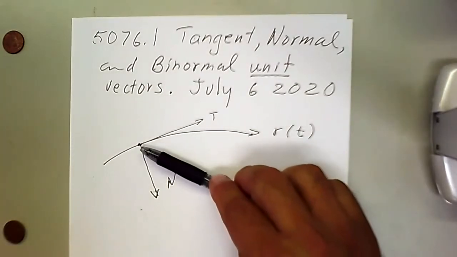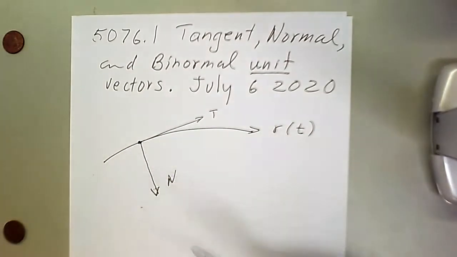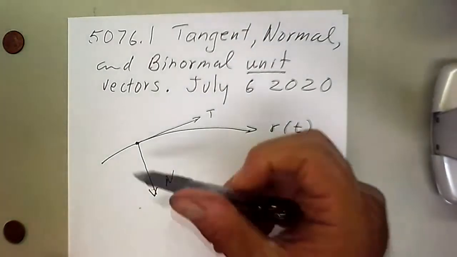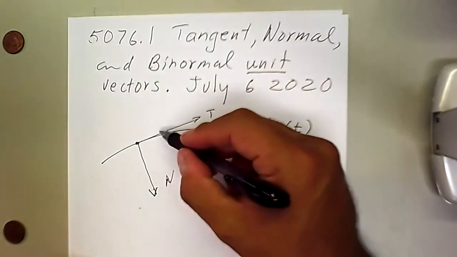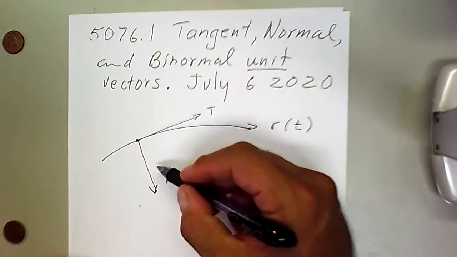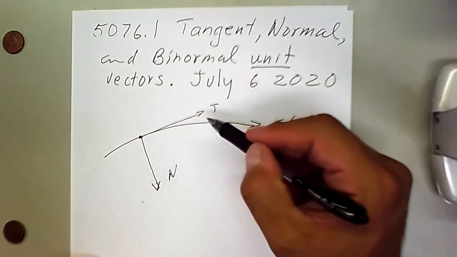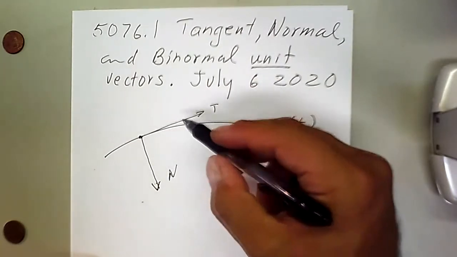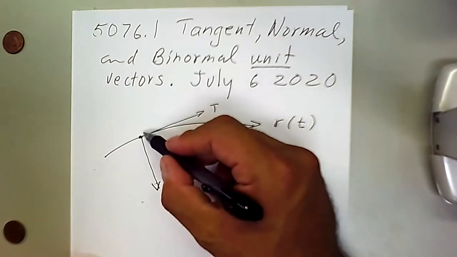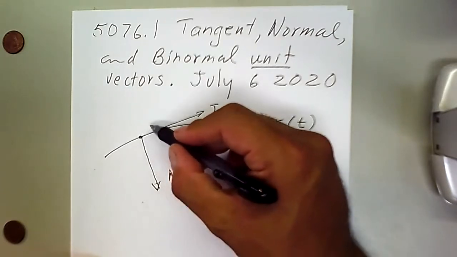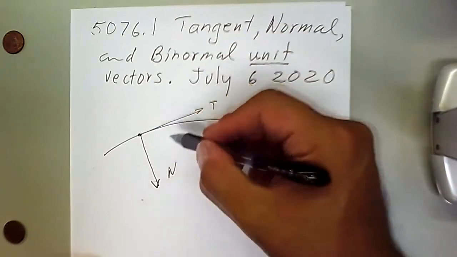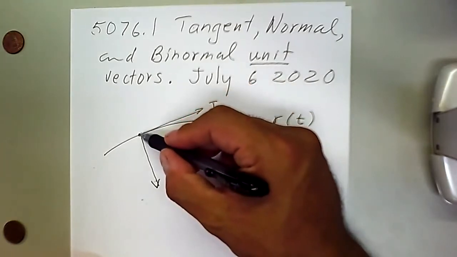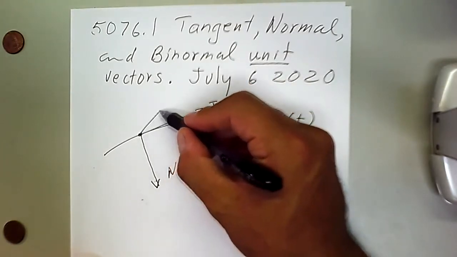And then we have the binormal vector, which would be the cross product of T crossed with N. In this picture, the binormal vector would be going according to the right hand orientation. It would be going away from us.